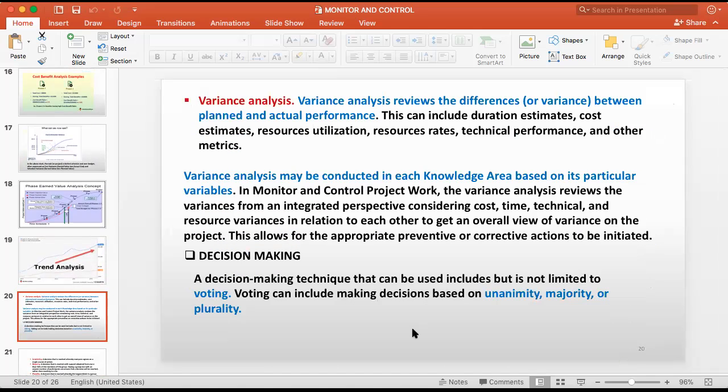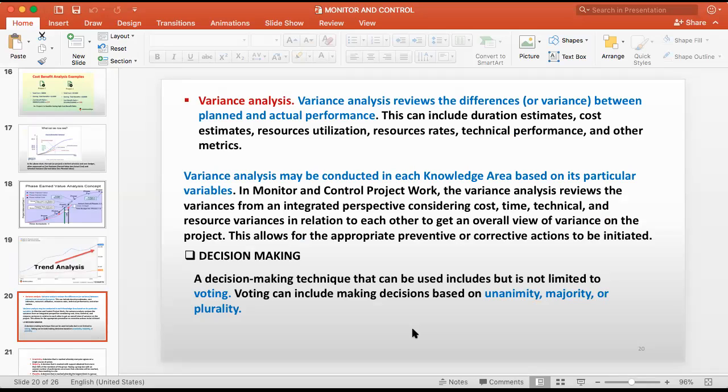And the variance analysis. We have talked about the variance analysis so many times. Variance analysis reviews the differences between planned and actual performance. That's the variance. What is the variance? On top of that, we do the change control process. This can include duration estimates, cost estimates, resource utilization, resource rates, technical performance, and other metrics.